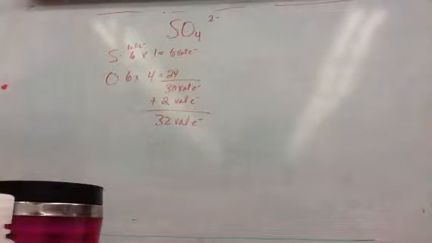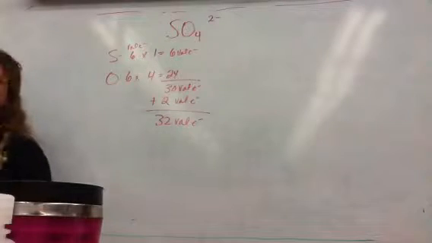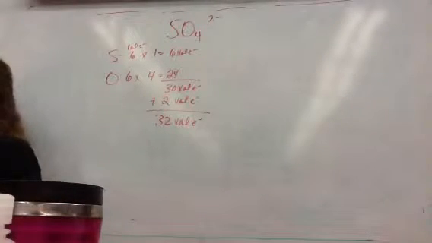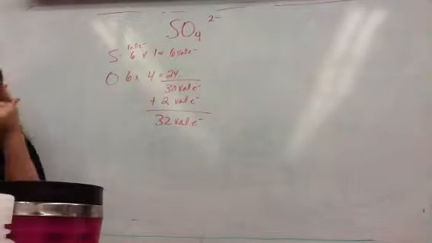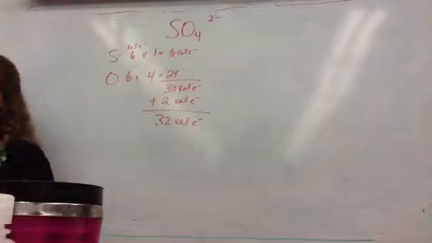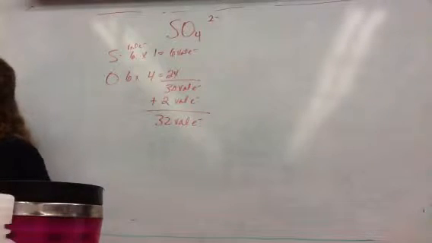See, I'm giving you all the weird situations. We have to figure out what's going to be in the middle, right? So what are our rules so far? More electronegative or carbon. Do we have carbon? No. Which of these things is more electronegative? Oxygen. Well, here's the conundrum.